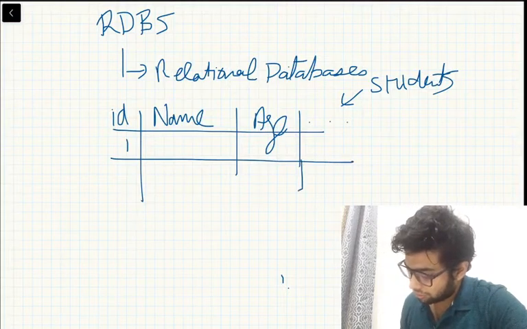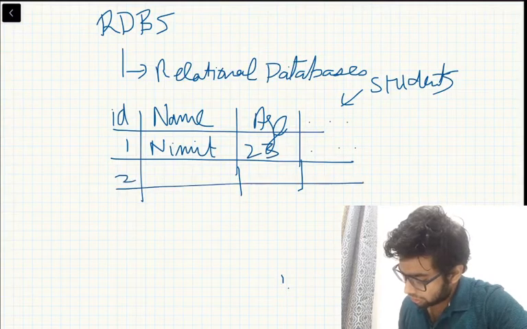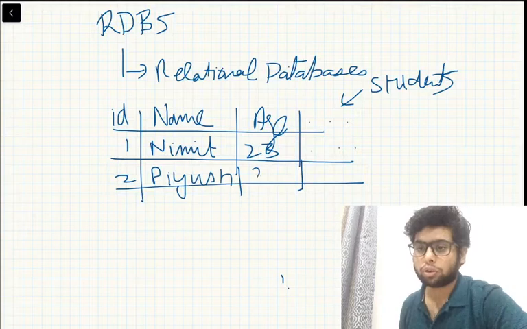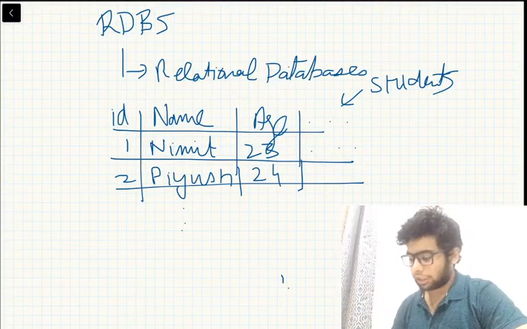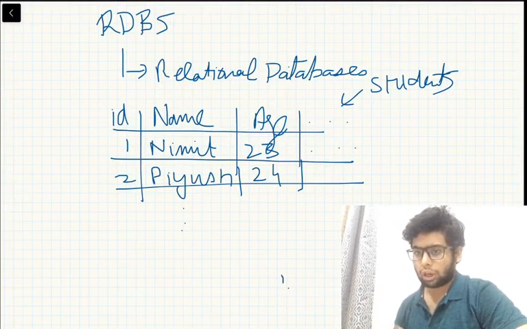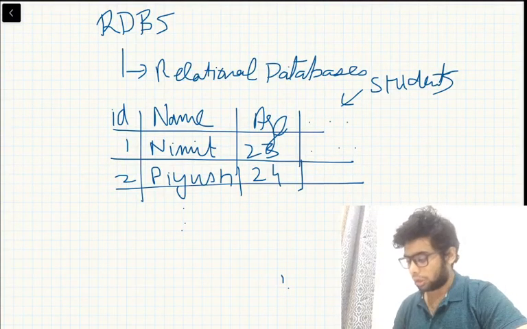So let's say the first row contains data with name as Nimit, age as let's say 23, and another data which is name Piyush and age 24. And so on and so forth. So each database could have multiple tables, and each table could have a lot of data in it. So that's how relational database data is populated.